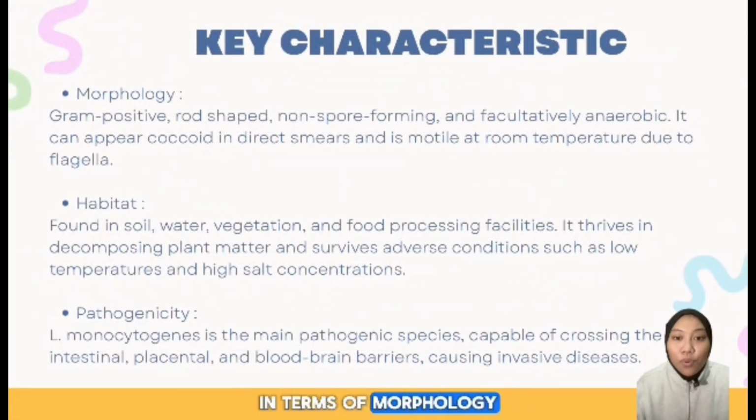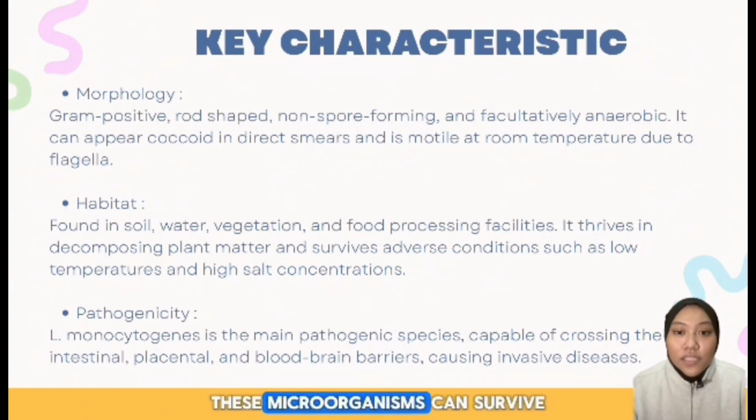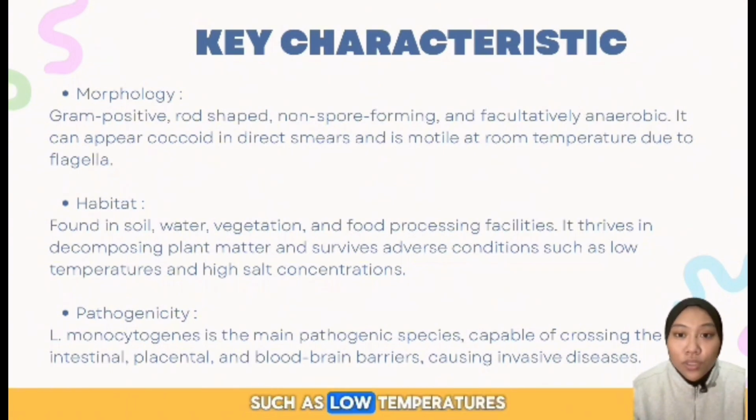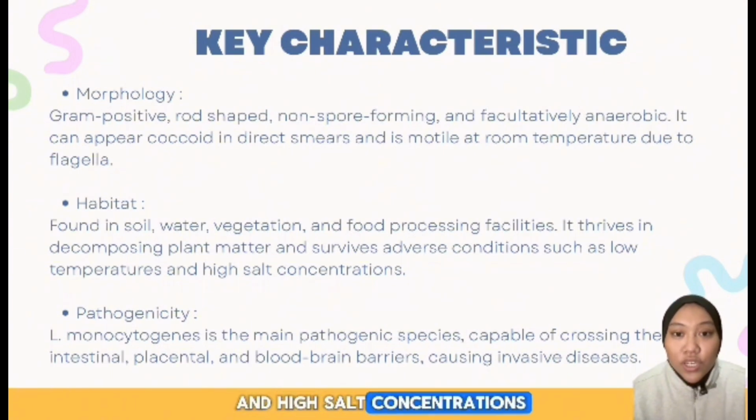In terms of morphology, Listeria monocytogenes is gram-positive, rod-shaped, non-spore-forming, and facultatively anaerobic. It is also motile at room temperature due to the presence of flagella. These microorganisms can survive under harsh environmental conditions such as low temperatures and high salt concentrations.